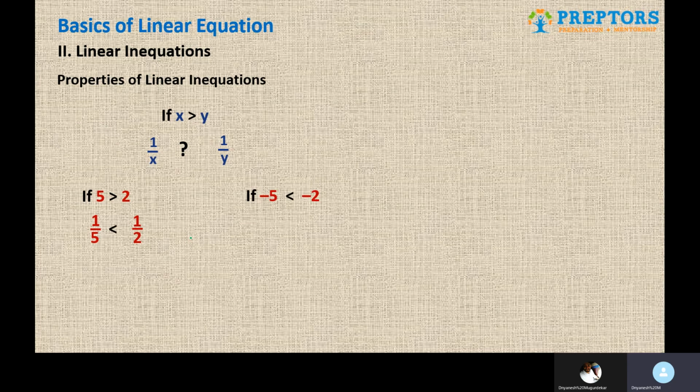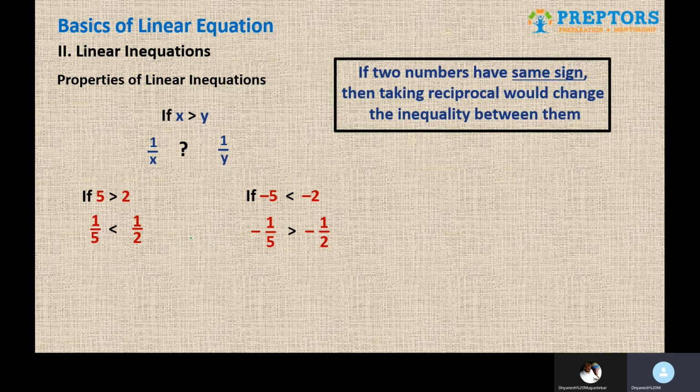Similarly, if you have negative numbers, -5, -2, again if you take the reciprocals, the sign of inequation will change definitely. So what this tells us is, if both the numbers are positive or both the numbers are negative, if you take the reciprocal, the sign of the inequation changes. Remember that, very, very important again.